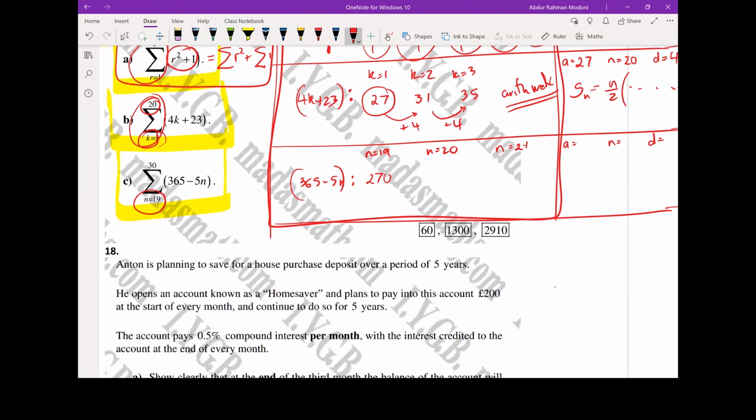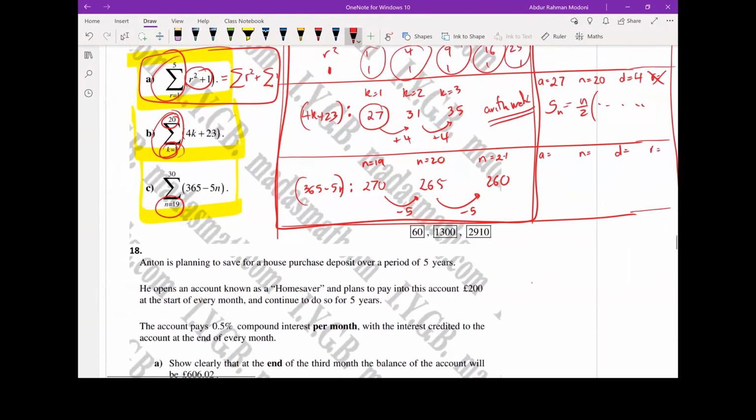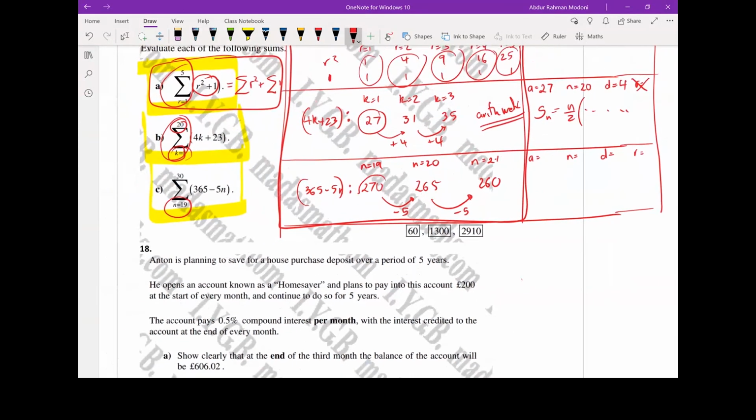And then 265. And then 260. We can see here it's going down, the difference is -5. Make sure you write down minus. So what's the first term? Well, it's an arithmetic. We'll write down here arithmetic.